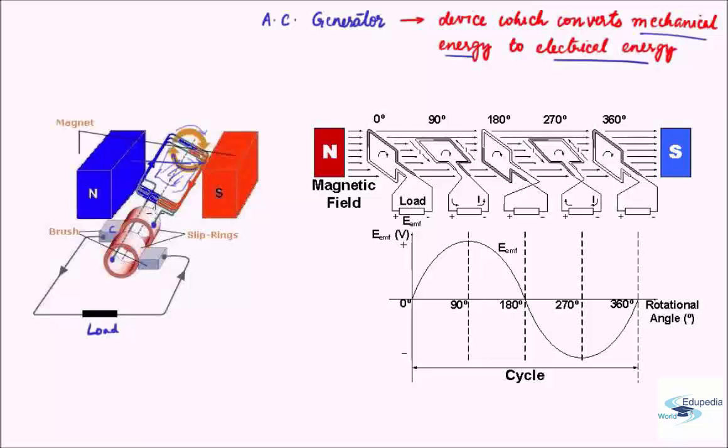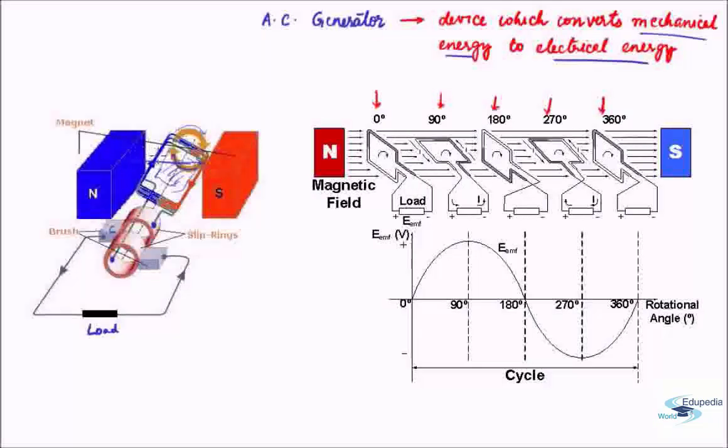Now let us see how exactly the AC generator works. To begin with, I have drawn the north pole here and the south pole here, and these are intermediate steps of the coil position. We are starting with the coil being perpendicular to the magnetic field.